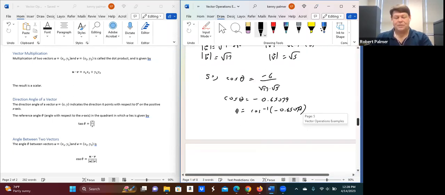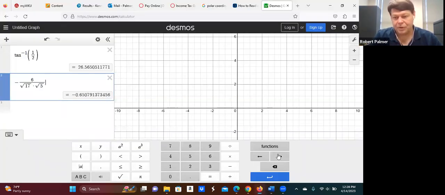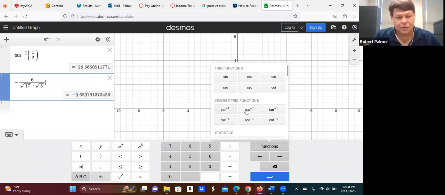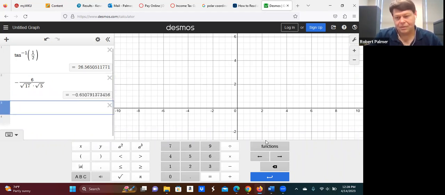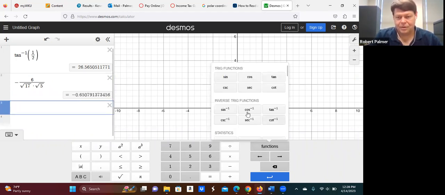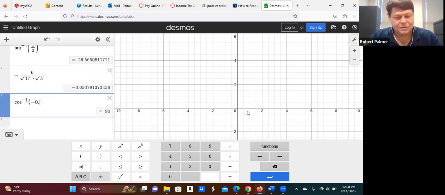Okay, let's find out what that is. And that will tell us the angle between those two vectors. So once again, go to functions, inverse cosine, and then do that again on the next line. Inverse cosine of -0.65079.